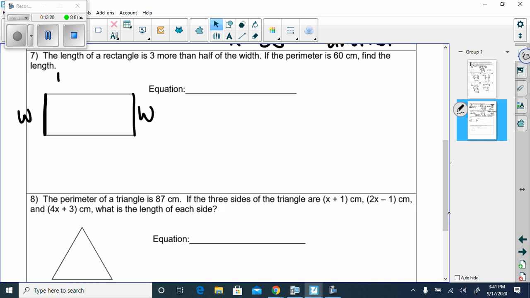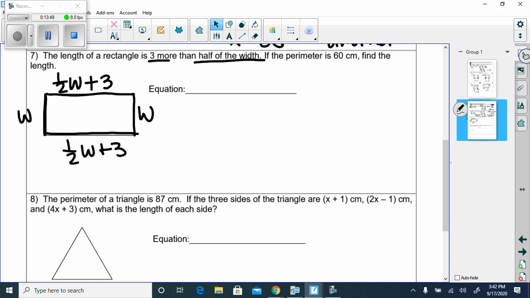We don't know what the width is, so we just called it W. So there's half the width. And then it said 3 more, and we know more means to add 3. If this side is 1/2 W plus 3, then this side should also be 1/2 W plus 3.